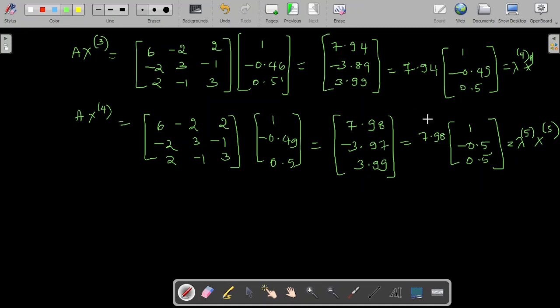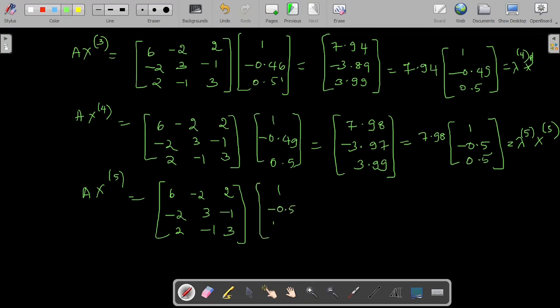7.94, 7.98, it is almost close to 8. You can take the dominant eigenvalue as 8, and here the third entry is almost the same, 0.5, 0.5 repeated, 0.49, it is minus 0.5, you get 1 the same. Or else try one more. Most of the time 5 iterations are carried out in Rayleigh's power method. So multiply the matrix with the vector 1, minus 0.5 and 0.5.